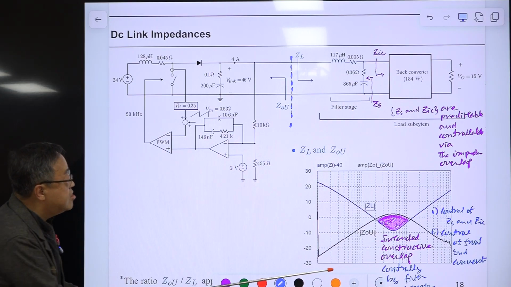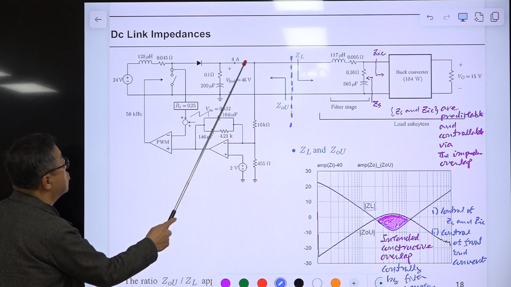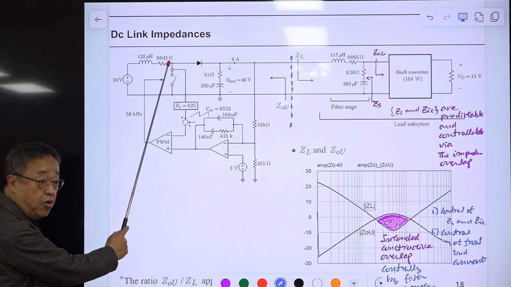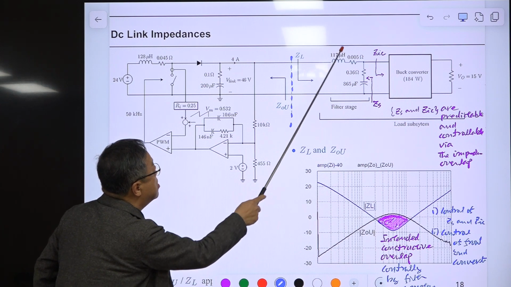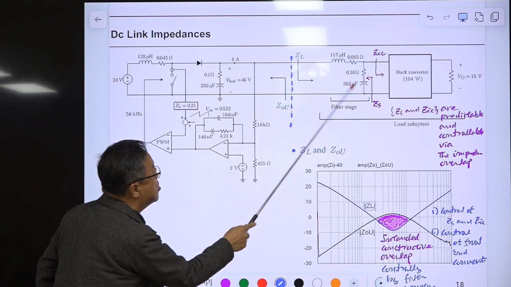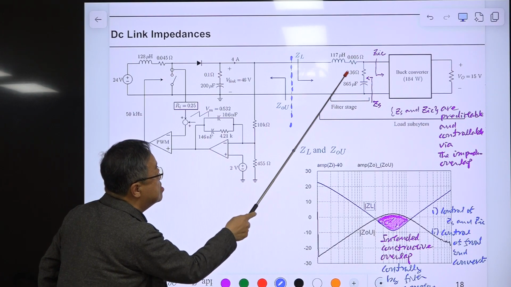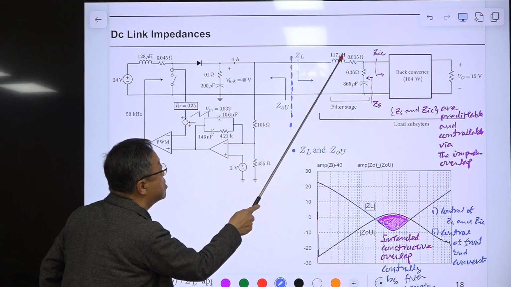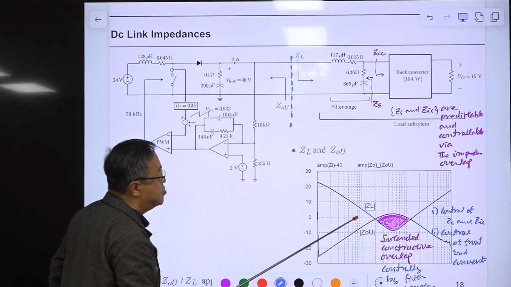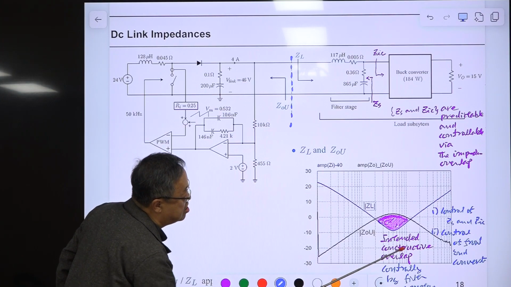And this overlap can be controlled. This GOU is fixed by this upstream converter, but this overlap can be controlled by adjusting this parameter. This parameter is the ESR of something, required for damping. But by controlling this value and this value, you can adjust this GL, and sometimes you can have this kind of GL.